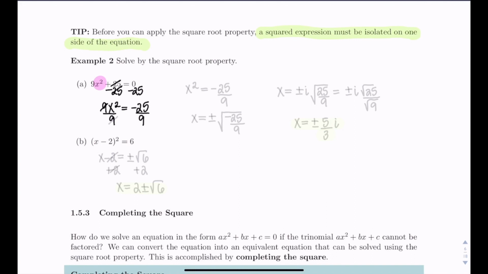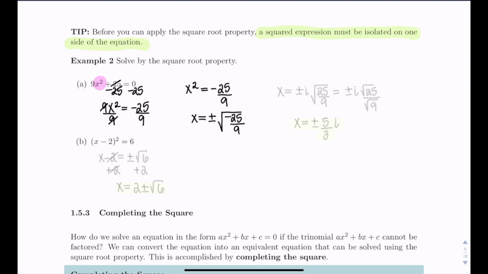So our 9's cancel on the left, and we have x squared equals negative 25 over 9. And so our squared portion is by itself. So we can take the square root of both sides, and we get that x is equal to plus or minus, that's very important when we talk about the square root property, the square root of negative 25 over 9.